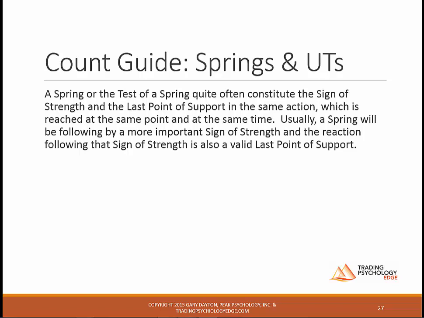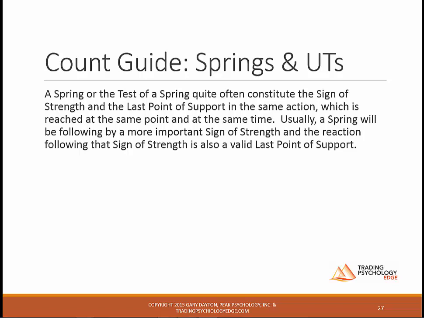So a spring or an upthrust, and the test of a spring or a test of an upthrust, will constitute, in the case of a spring, a sign of strength and last point of support. In the case of an upthrust, a sign of weakness and the last point of supply in the same action, reached at the same point and the same time.